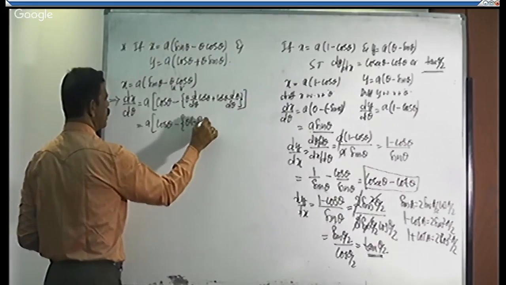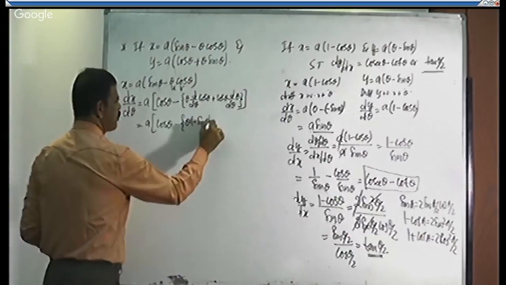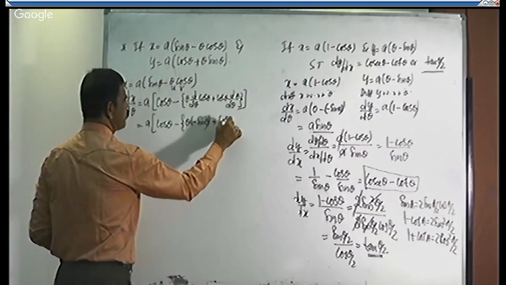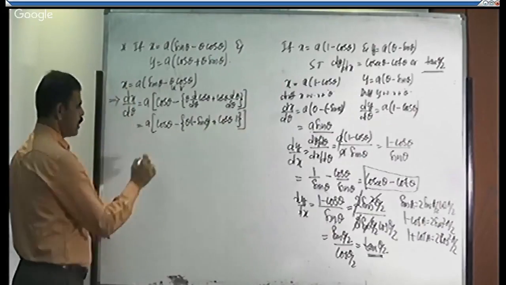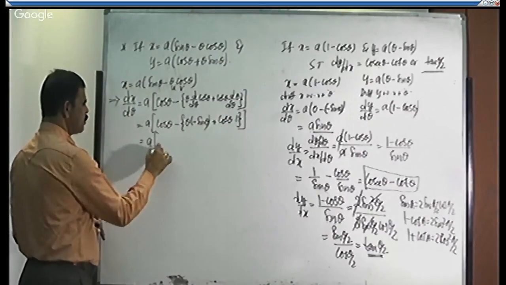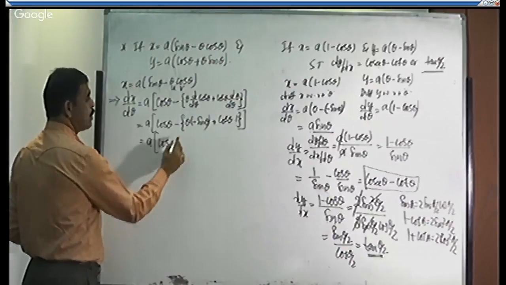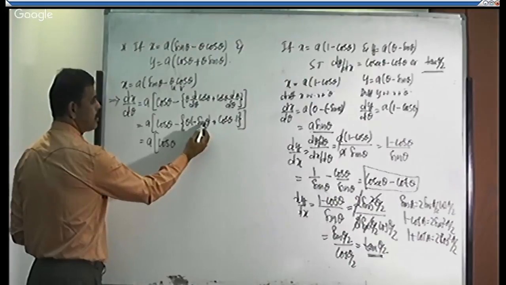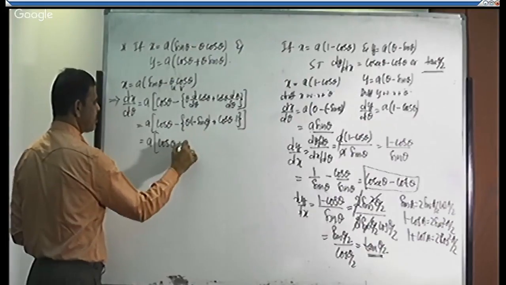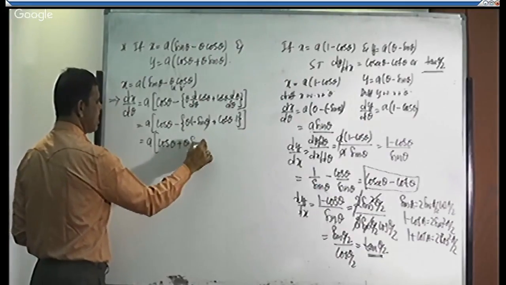It is a into cos theta minus theta into differentiation of cos theta, which is minus sin theta, plus keep cos theta as it is. Differentiation of theta is what? 1. Right? That is a into cos theta. Remove this bracket: theta minus sin theta minus theta sin theta. Minus of minus is plus theta sin theta.